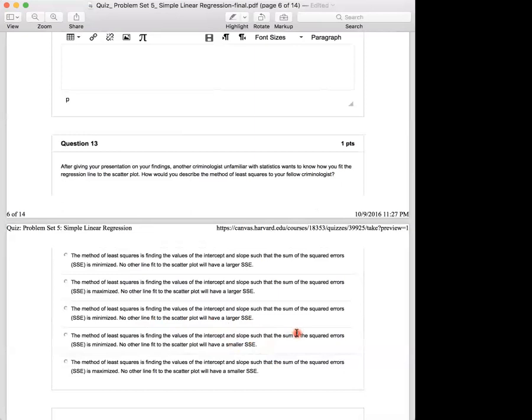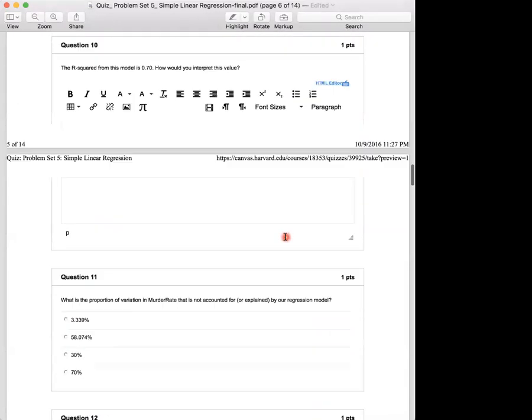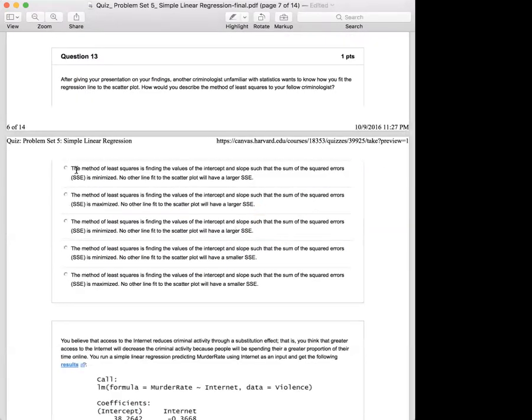And what I want to emphasize is not only the jargon, but the fact that we're using a method to minimize these sum of squared errors that we don't cover in the class. But just keep in mind that the key point is rather intuitive, and the correct answer is the first answer here.